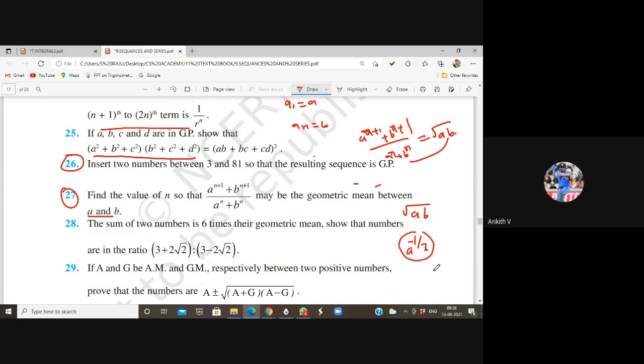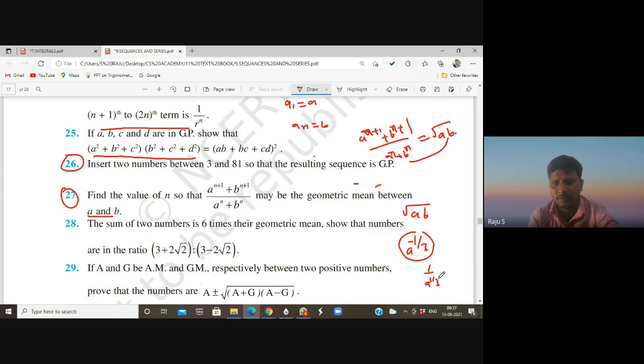Sir, 1 by a power 3. Not a power 3. a power minus 1 by 3 is 1 by a power 1 by 3. Okay.